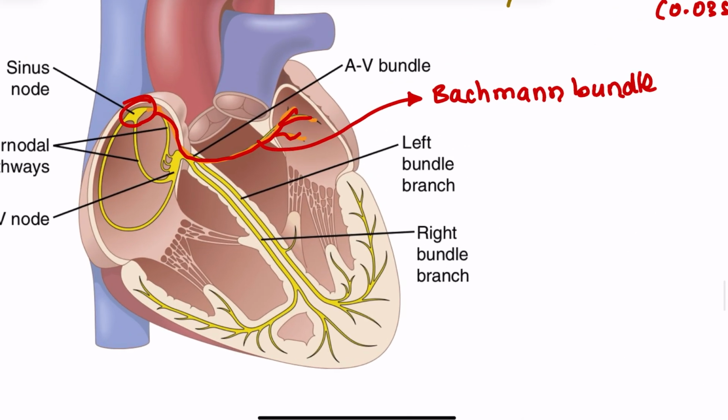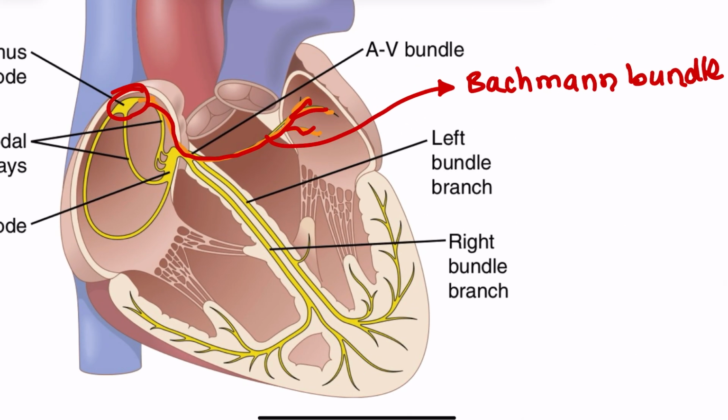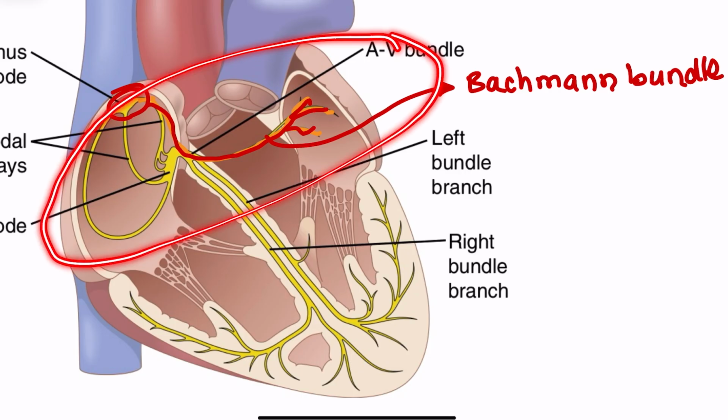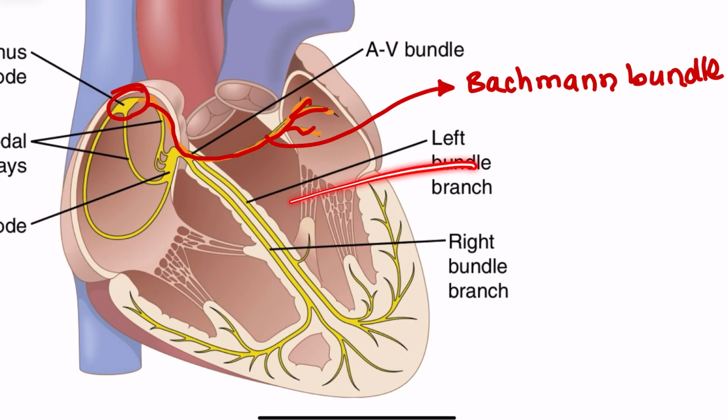Let's talk about AV nodal delay. Let's first understand why delay is necessary in the AV node. If we see a normal heart, the only connecting part of the atrium with the ventricles is the AV node.